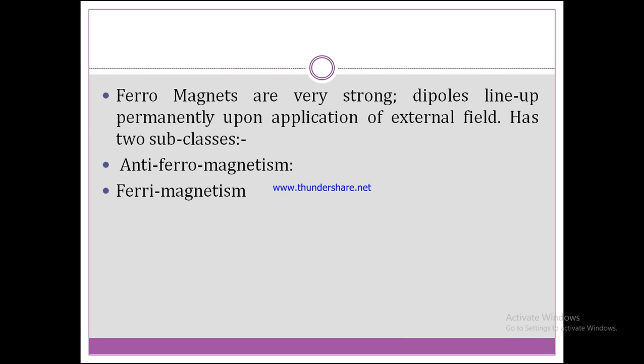The ferromagnetic materials are the first permanent magnetic materials, in the absence or presence of an external field, and they are very strong in their nature. Because of that, the dipoles line up permanently, upon which the applications depend. It has two subclasses, generally known as antiferromagnetism and ferrimagnetism.